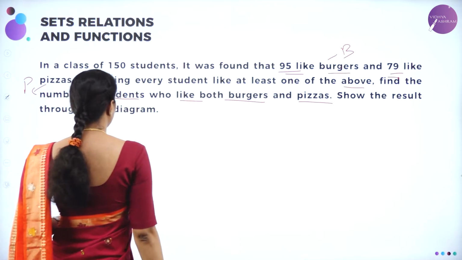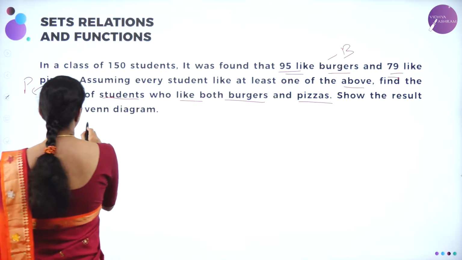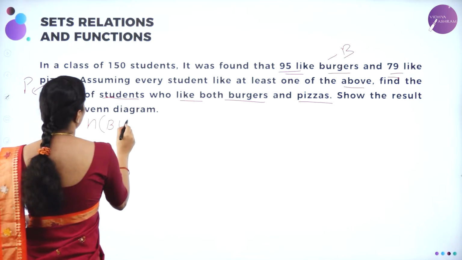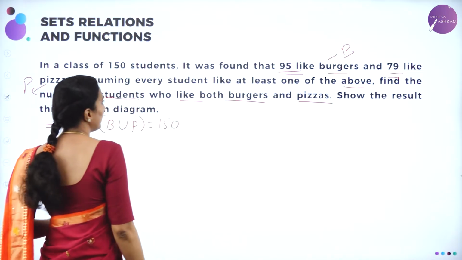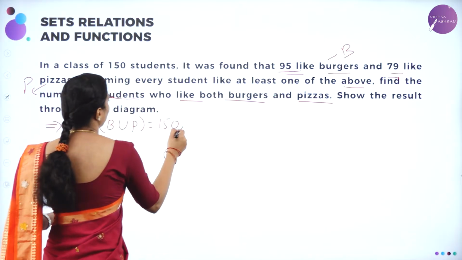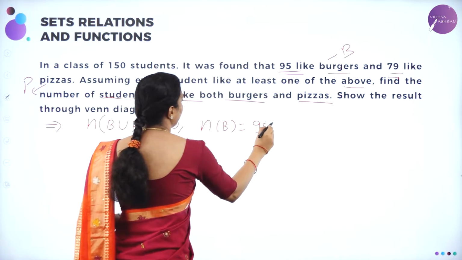So what they have given, let me write it now. N of B union P is 150. It was found that 95 like burger, so N of B is equal to 95.